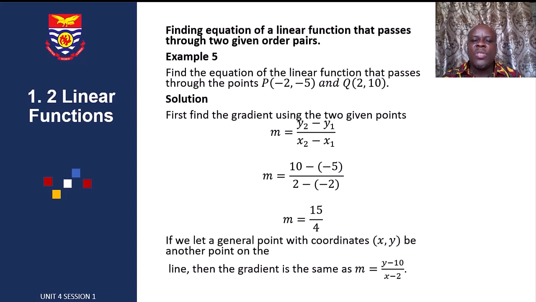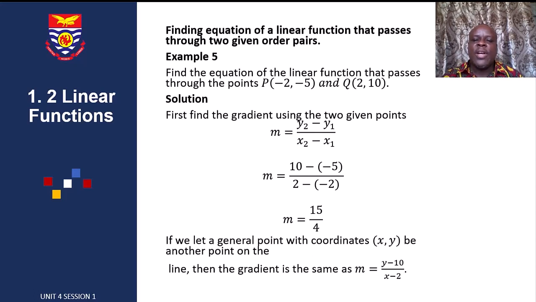To find the gradient of a line, you will use change in y over change in x. You can use y1 minus y2 over x1 minus x2. Or you can use y2 minus y1 over x2 minus x1.